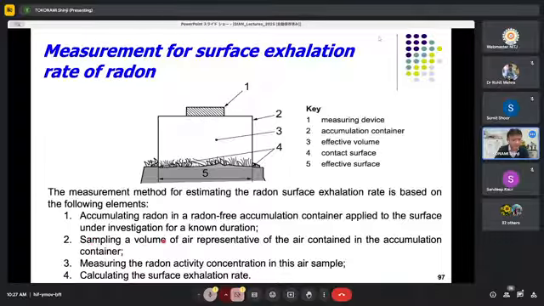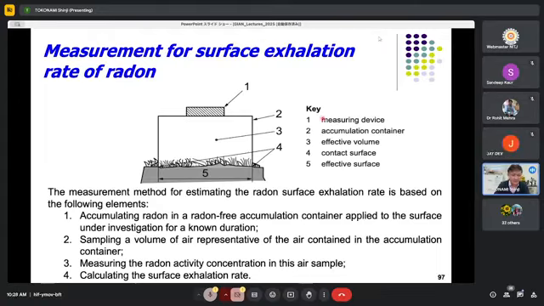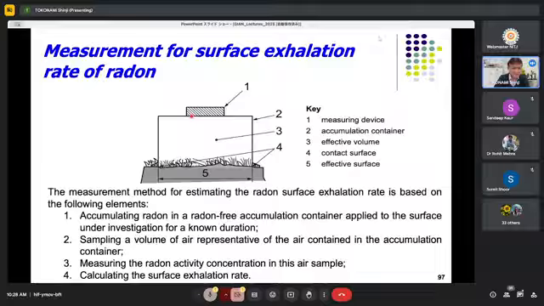Sampling a volume of air representative of the air contained in the accumulation container. Measuring the radon activity concentration in this air sample, calculating the surface exhalation rate. Here is a measuring device.